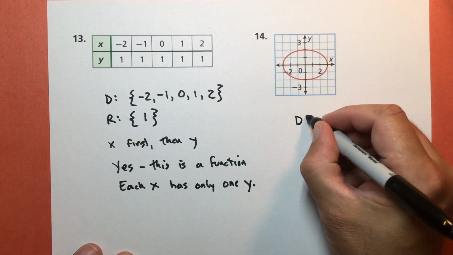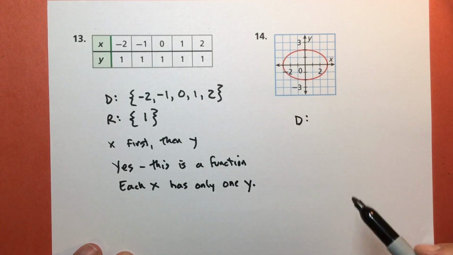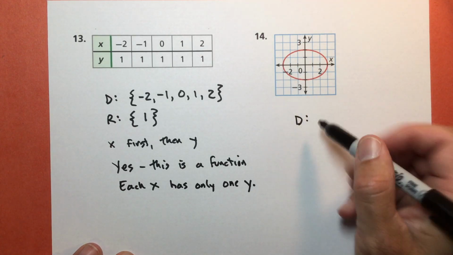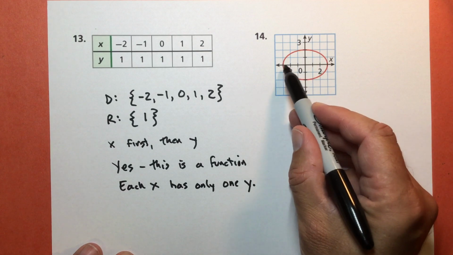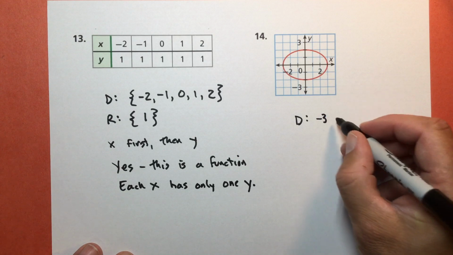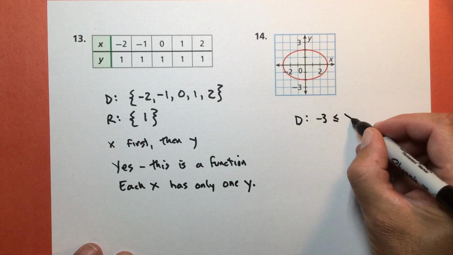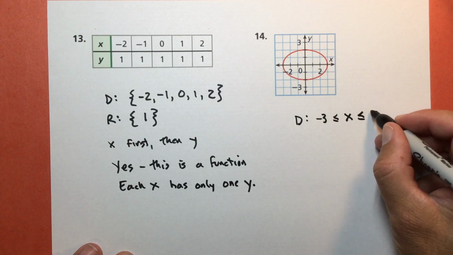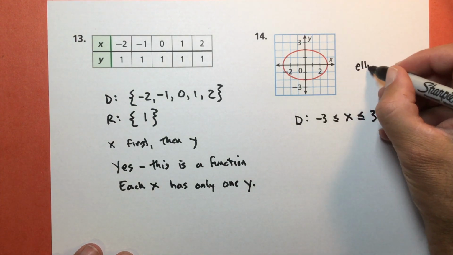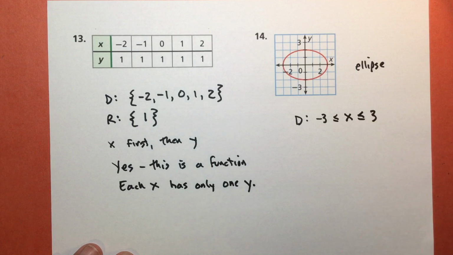Problem number 14, the last one. The domain: notice that this is continuous, so I'm going to have an infinite domain. The smallest x value is -3. Be careful, because the -2 is right there. That's -3. The largest x value is +3. So -3 is less than or equal to x, which is less than or equal to +3. By the way, this is a really cool graph called an ellipse.